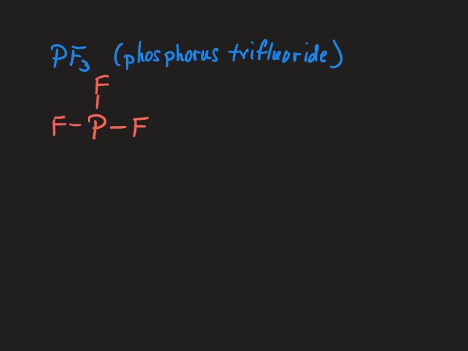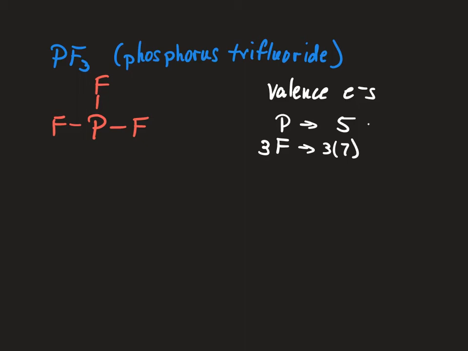We add up our valence electrons. Phosphorus gives us 5. 3 fluorines give us 3 times 7.